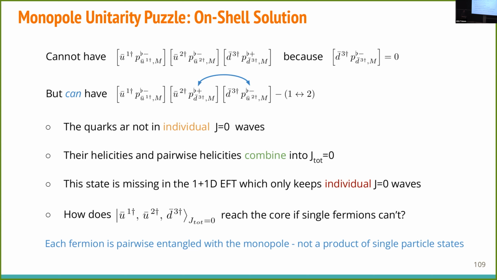What's the physics interpretation? The interpretation is that there's now an entangled final state that comes out. Basically, the single particle spin of one fermion interacts with the electromagnetic angular momentum that comes from the other fermion. And it's this entanglement that was missed in the effective field theory.